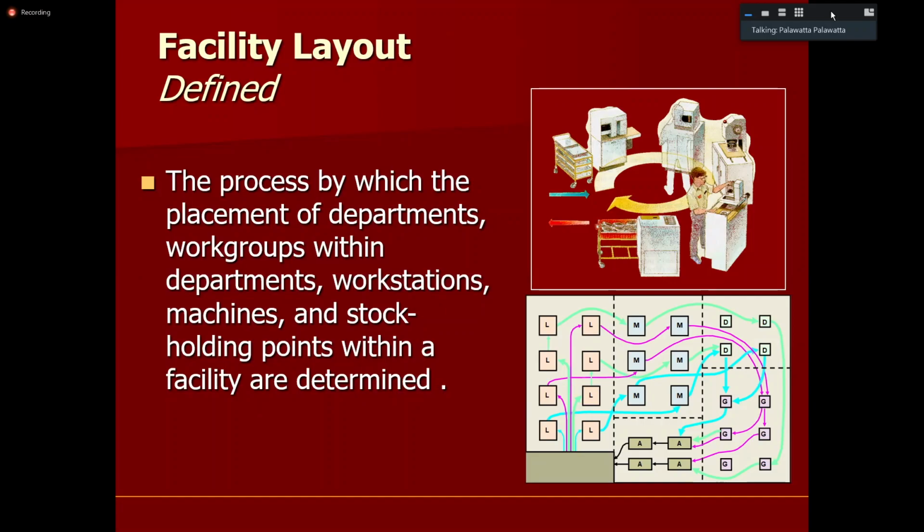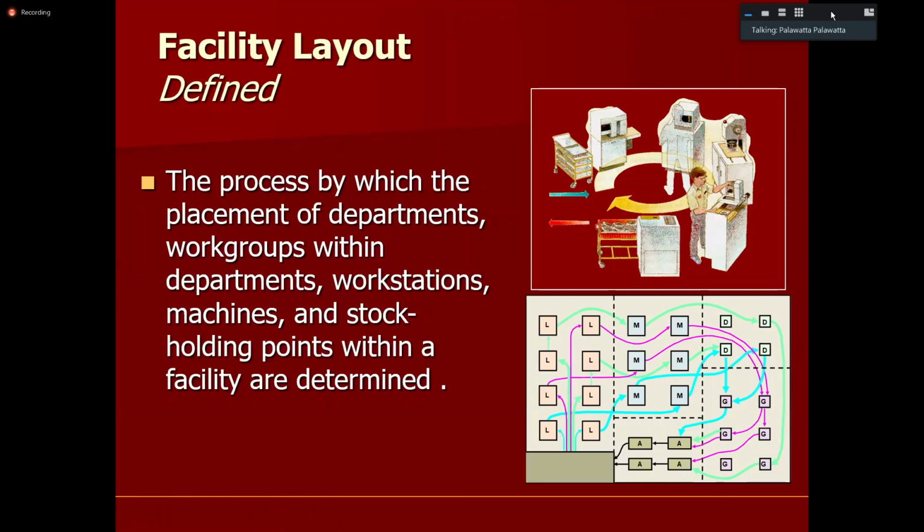G needs to handle two operations, whereas one of the M's, take this particular M, processes only one. It is one operation. This M is also processing one operation.